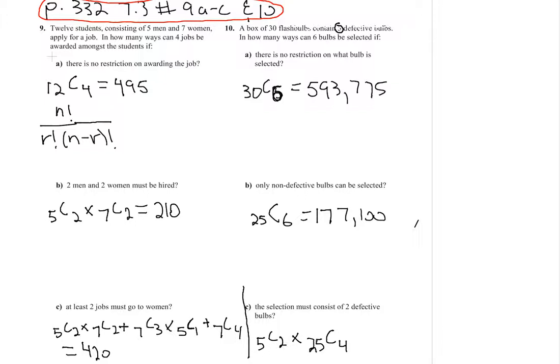So now you subtract that 5 from the total, so you have 30 minus 5 is 25, and from the 25 you're choosing the remaining 4. Once again, very easy to screw that up, so you should pay attention to that. And the answer is 126,500.